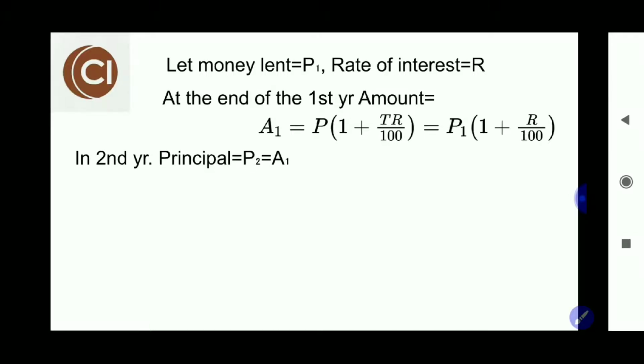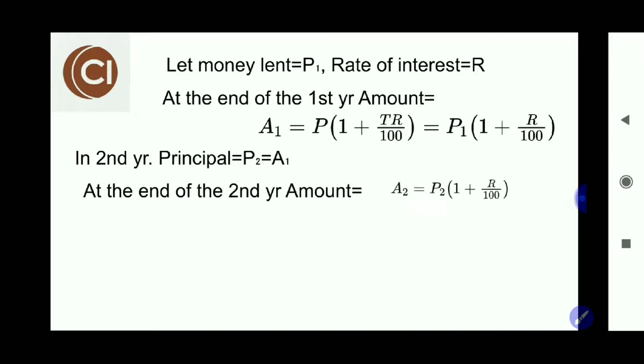Now, in the second year, the principal P2 is equal to A1. So, at the end of the second year, the amount A2 is equal to, according to the formula, P2(1 + R/100).